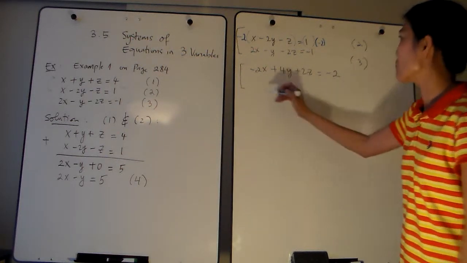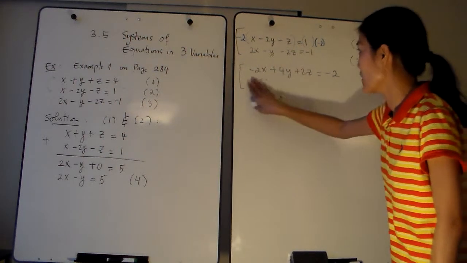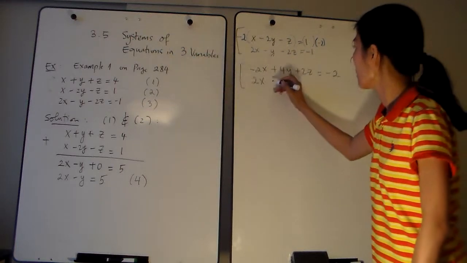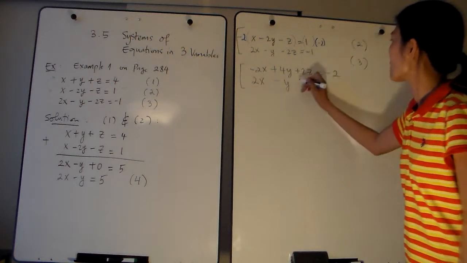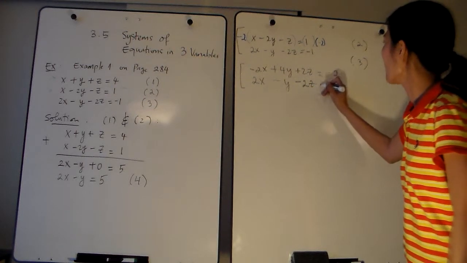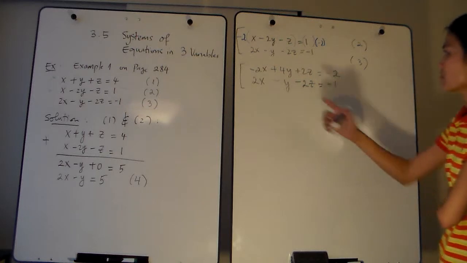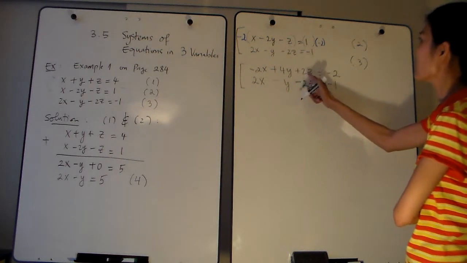That's why I multiply negative 2 on both sides. Now equation 3, just rewriting. I did not change it, so it's exactly the same as the original equation 3: 2x minus y minus 2z equals negative 1. First, negative 2x, plus 4y, plus 2z, equals negative 2.